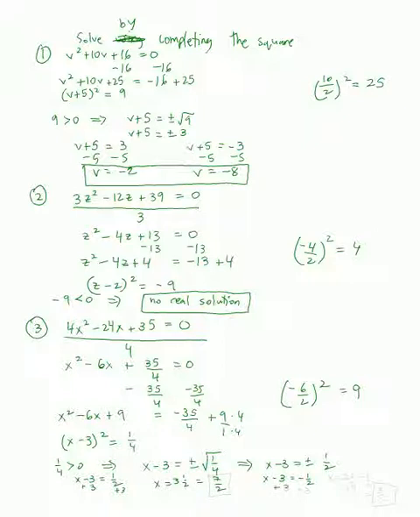And for this one, if I add 3 to both sides, I get x equals 3 minus a half. Remember, that's the same as 6 over 2 minus 1 over 2, so it's equal to 5 over 2. So my two solutions are x equals 7 halves and x equals 5 halves.